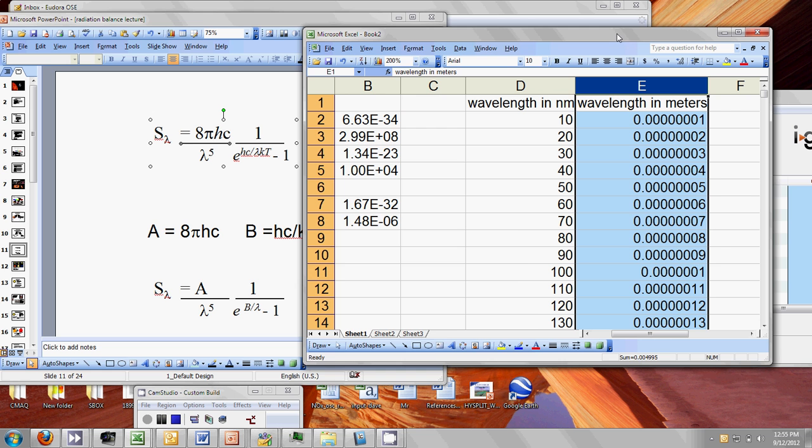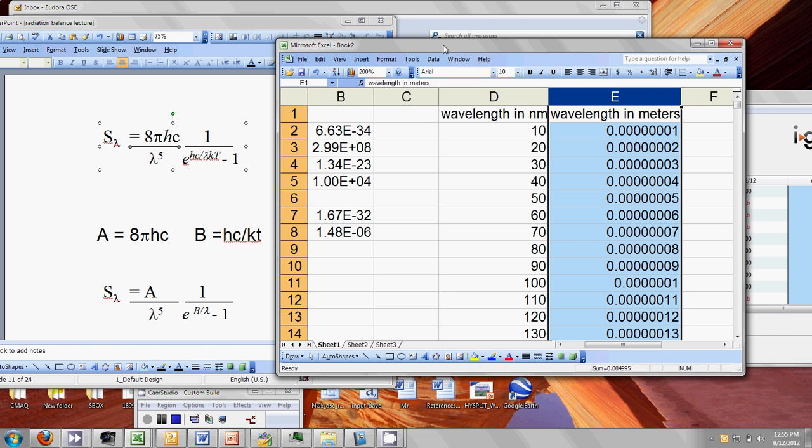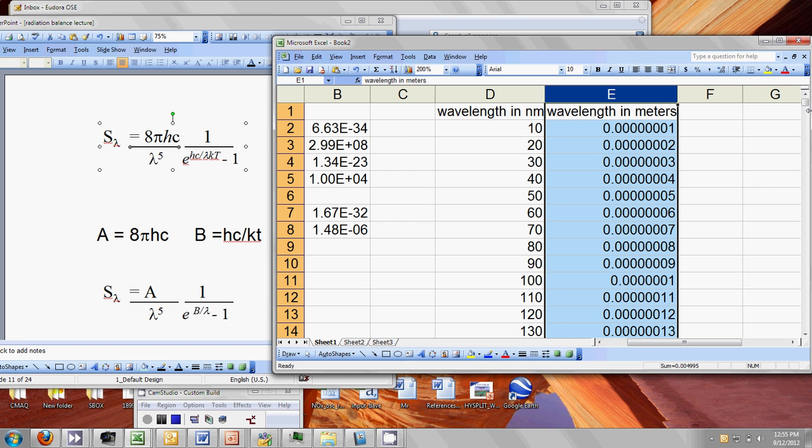So at this point now we're ready to use this equation to solve for S. So the first thing I would do is say, okay, we're going to need this term here, which is A divided by wavelength to the 5th.